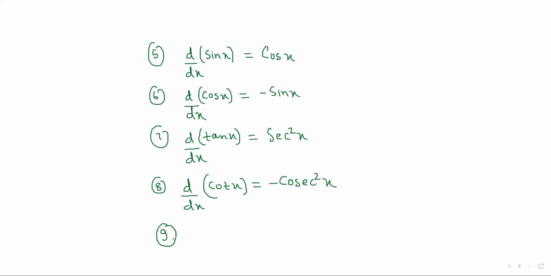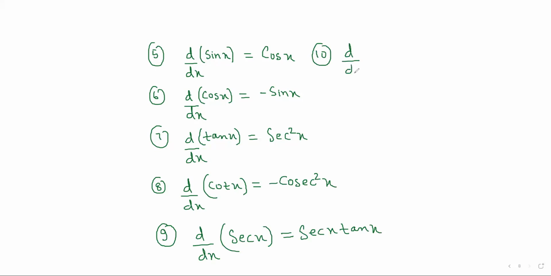Differentiation of sec x is equal to sec x into tan x. Differentiation of cosec x is equal to minus cosec x into cot x.